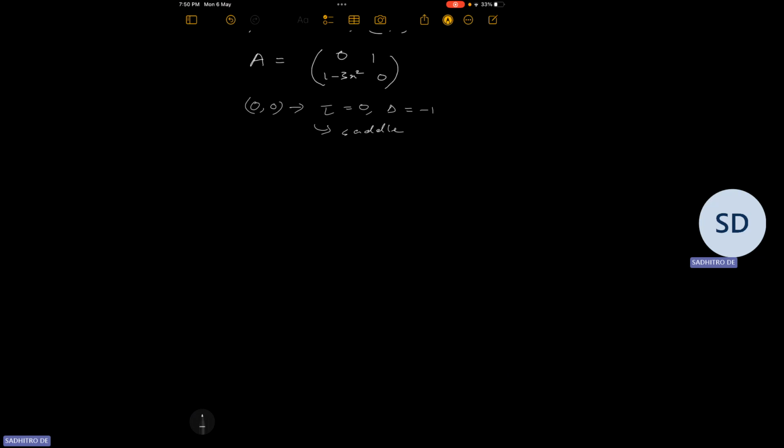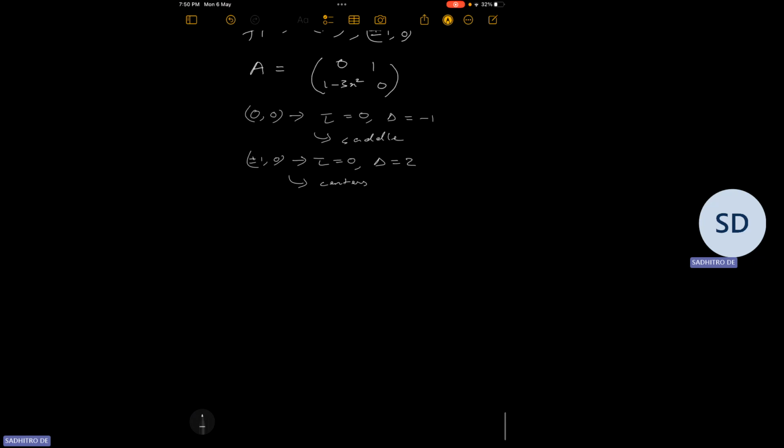And for the other fixed points at plus minus 1 comma 0, we have the trace equal to 0, and the determinant is given by 1 minus 1 plus 2, so that is equal to 2. So the other points are basically centers. So now we see that the origin is a saddle and the other fixed points are centers.